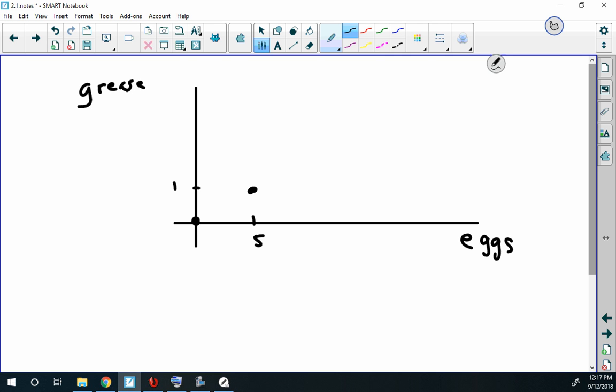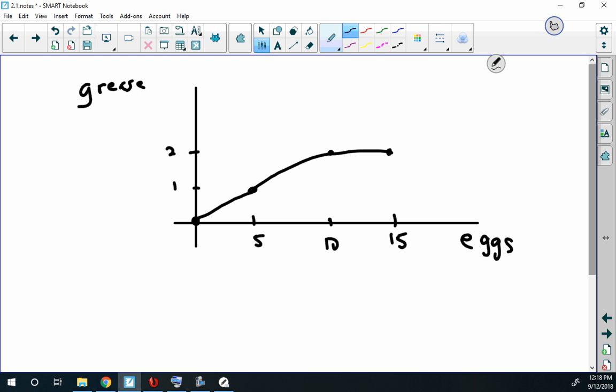And then maybe if we have 10 eggs, we might need to have 2 ounces of grease. And if we have 15 eggs, maybe we still only need 2 ounces of grease. Does that make sense? Maybe? So suppose we have something that looks like that.